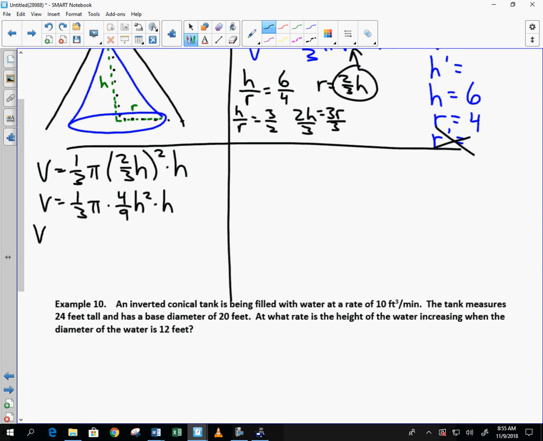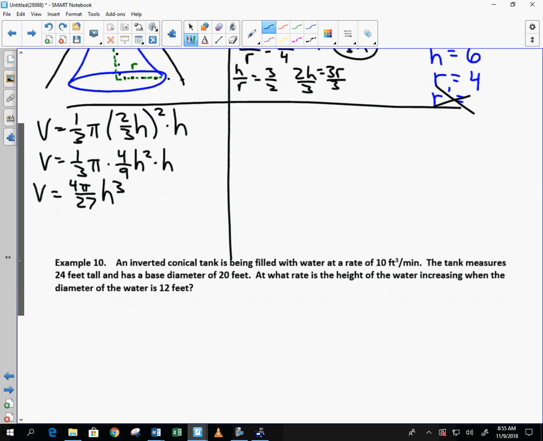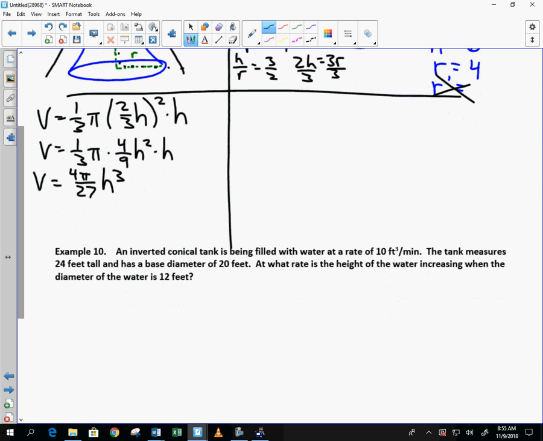Or volume is equal to 1/3 times 4/9 is, so 4 pi over 27 times h to the third. Okay, cool. Can I take the derivative of that with respect to time?